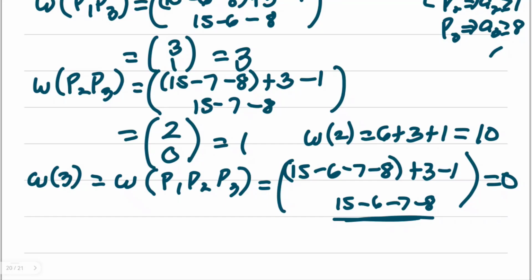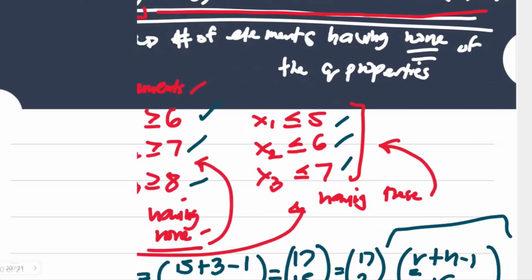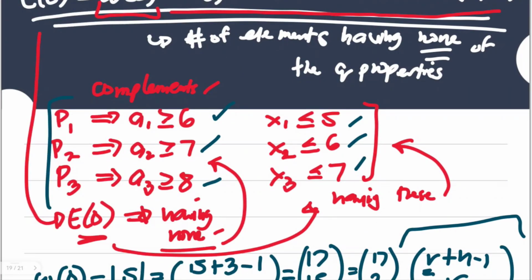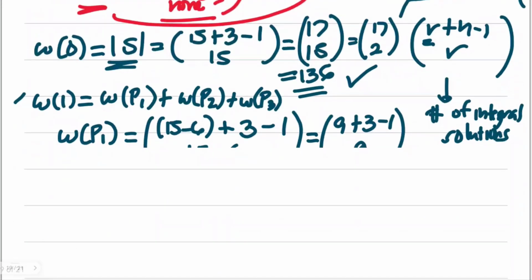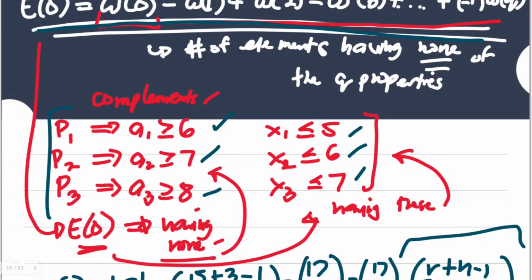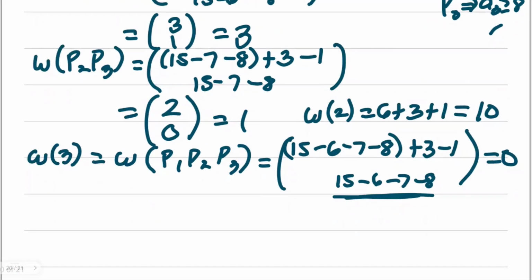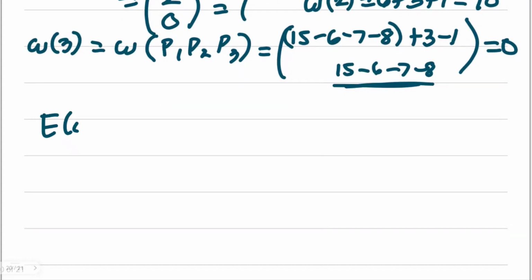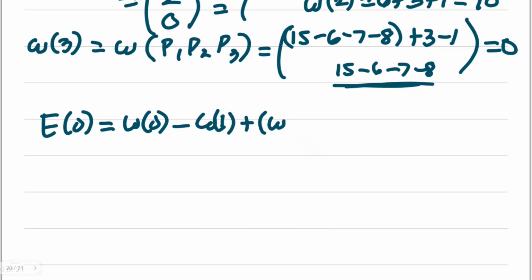Now, let's proceed to our target. Again, don't forget that we're taking the complement. So we can now use E of 0. Whatever will be the result of that, even if we are using the complements, because E of 0 talks about none of those complements, it will yield the answer. E of 0 is equal to omega of 0 minus omega of 1 plus omega of 2 minus omega of 3.